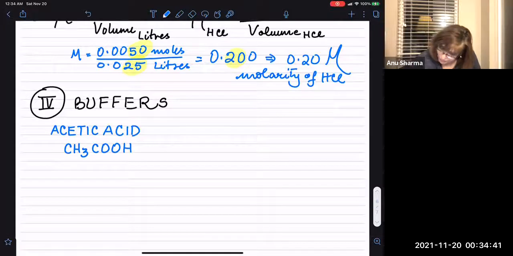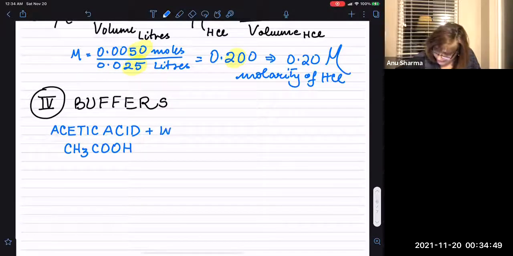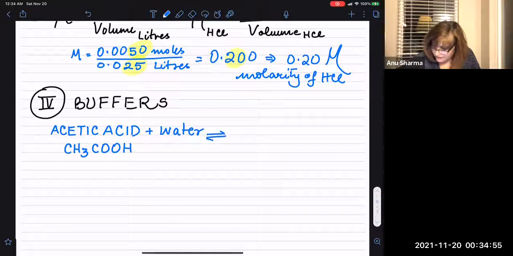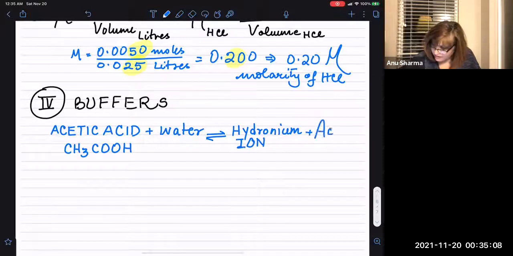When it reacts with water, it gives you the acetate anion and the hydronium ion. Again, it is equilibrium all the time. It gives you the hydronium ion and the acetate anion.